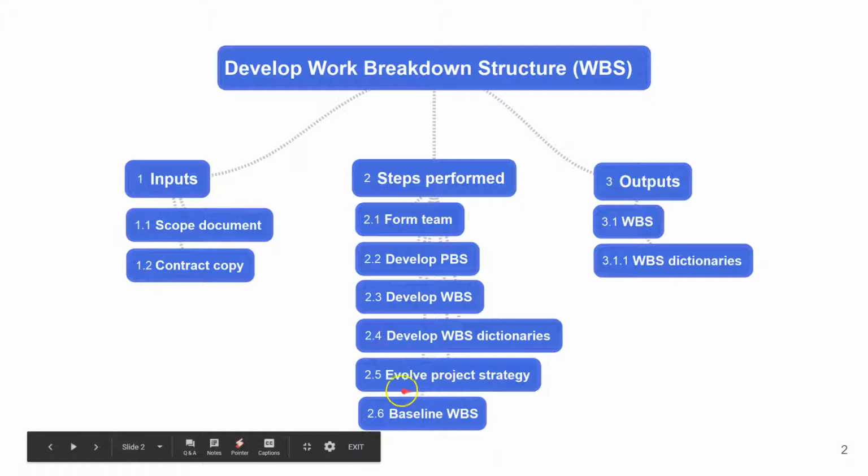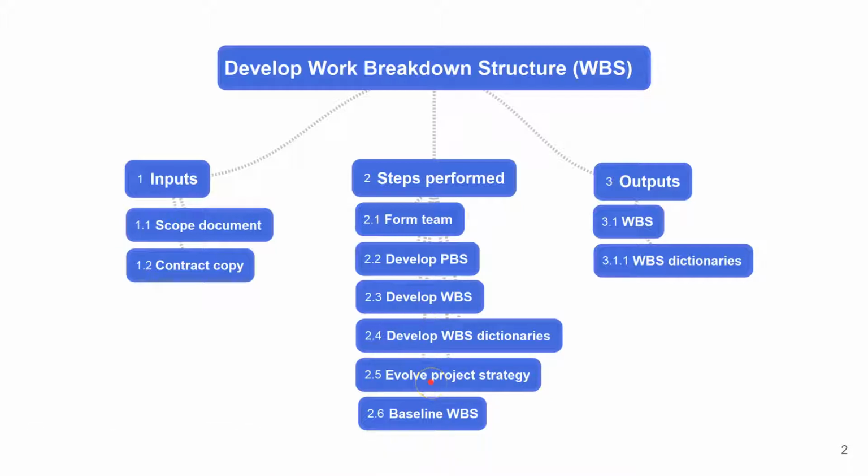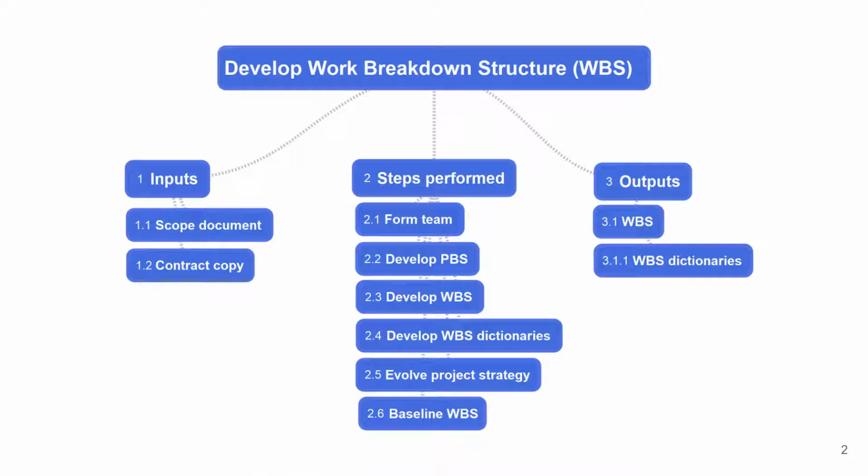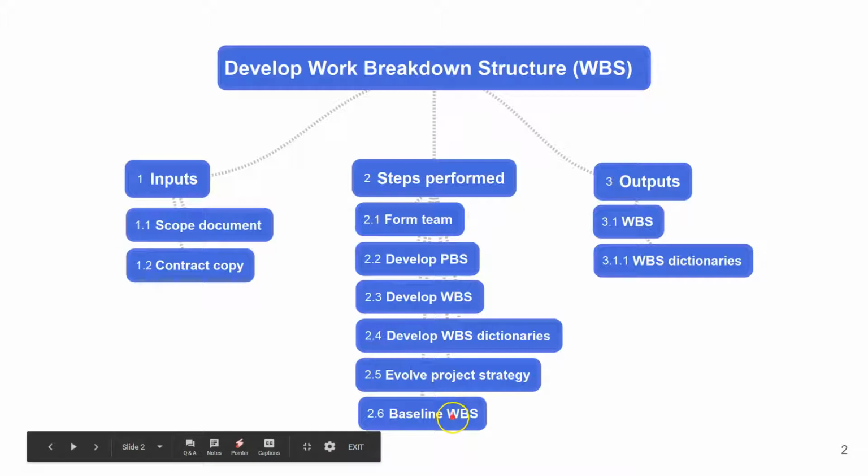So all these things form part of the project strategy. So project strategy evolves when we do the WBS, and once we have enough confidence in the WBS, and we know that there is a one-to-one mapping between the WBS and the scope document and it has sufficient details, then we baseline it. The output is the WBS and the WBS dictionaries.